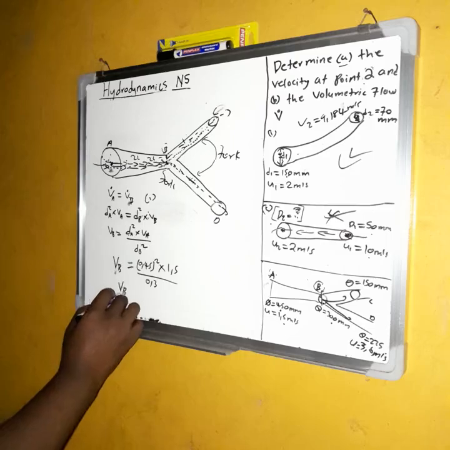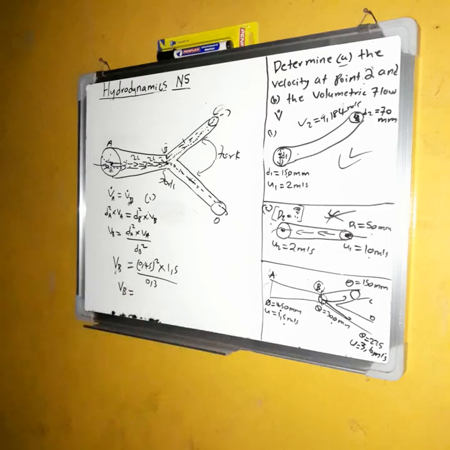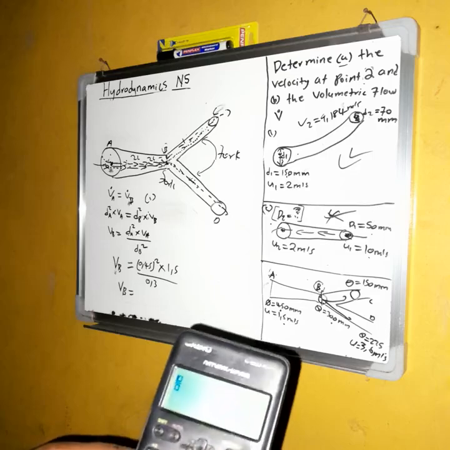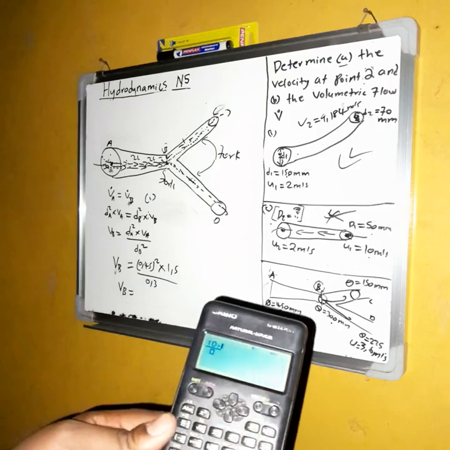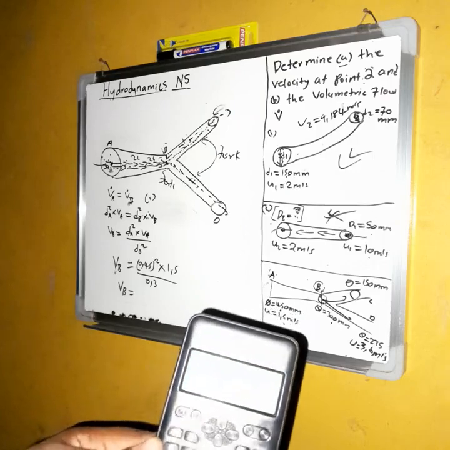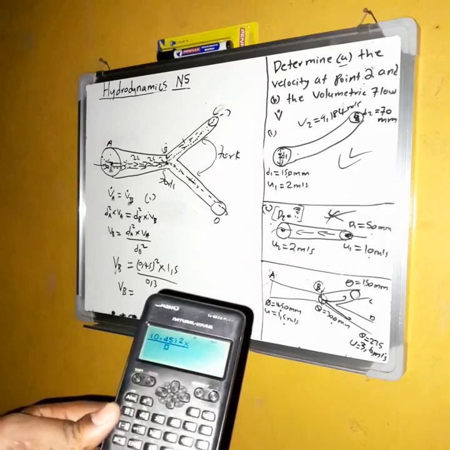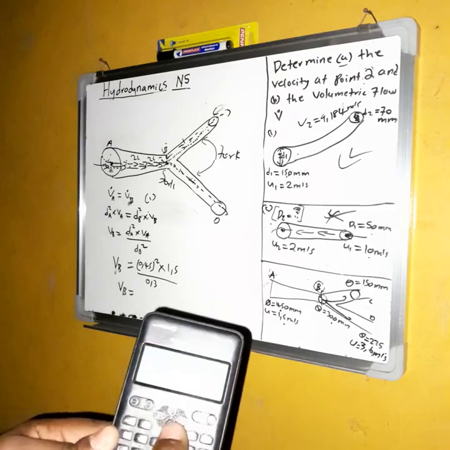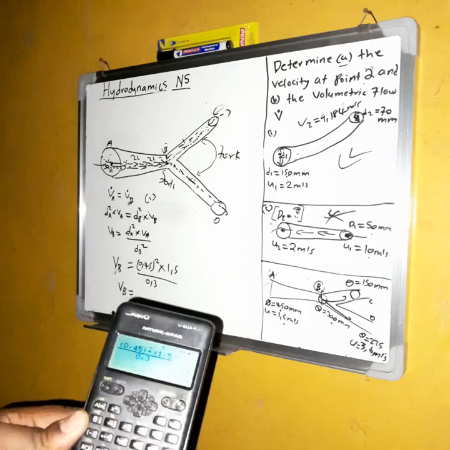On the calculator, I say 0.45 squared, then multiply that by 1.5 over 0.3.